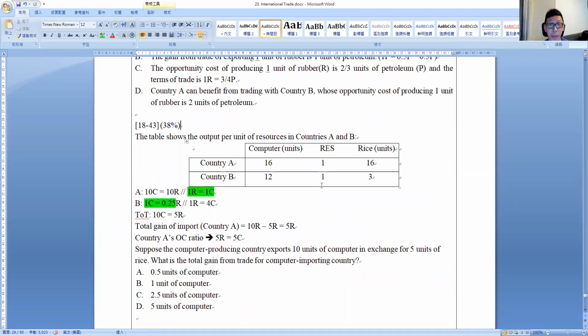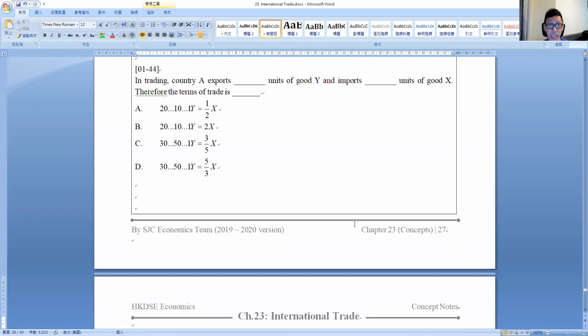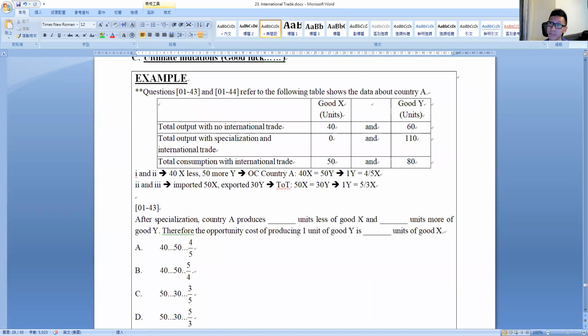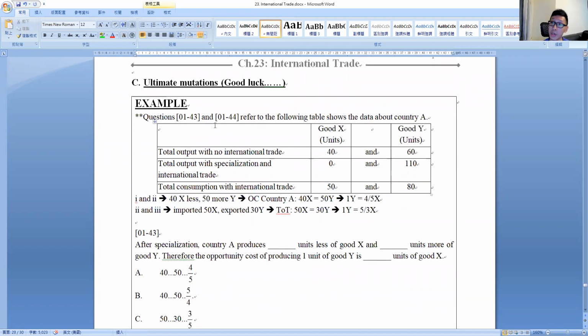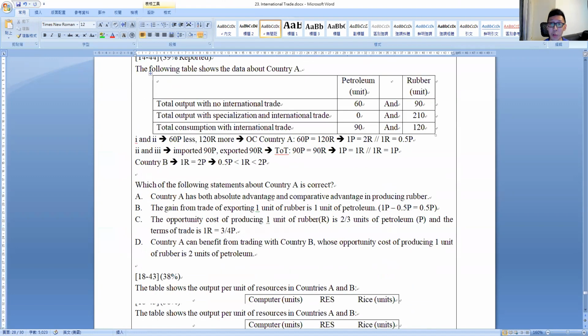So this is the most advanced question. Unexpected, right? Sometimes it happens. For the advanced question, the final ultimate question is actually quite difficult. So please make sure you know how to do these 4 questions.